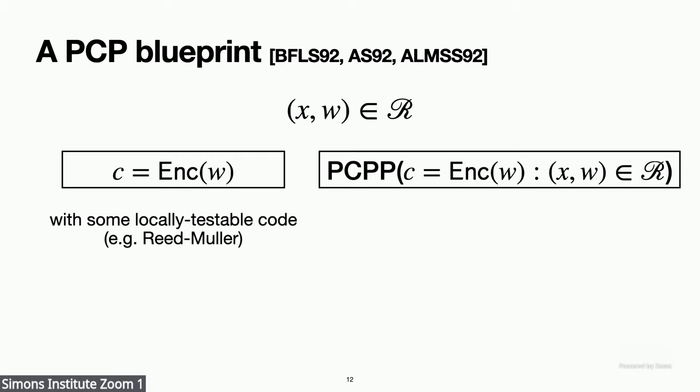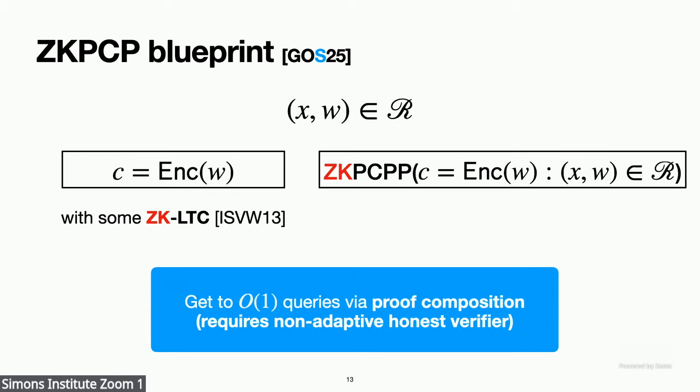And the second part is that I probably have some information in this PCPP about the witness as well. So I just need to hide information in both parts. On the left, I'm going to replace this encoding with what's called a zero-knowledge LTC. And then on the right, I'm going to have a compatible zero-knowledge PCPP, so that this encoding here is the zero-knowledge LTC encoding.